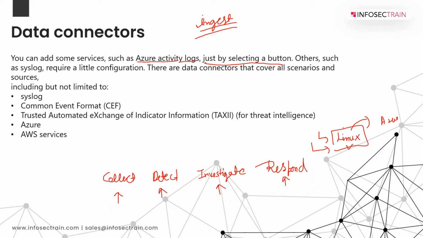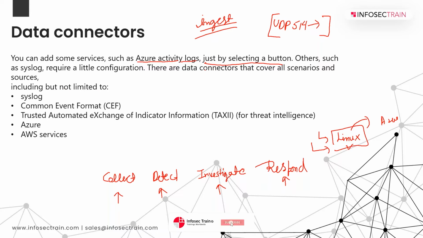Either you create this Linux server on-premises, collect all the syslog data and send it directly to Azure, or you create a Linux VM in Azure and connect everything to it. If you are familiar with syslogs, usually we use UDP port number 514 to send the data. So you will be sending all that syslog data to the Linux machine you are hosting in the VM, and then it sends the data along. Your Sentinel will then be collecting all the data from there. That is the kind of implementation we can perform for collecting syslog.